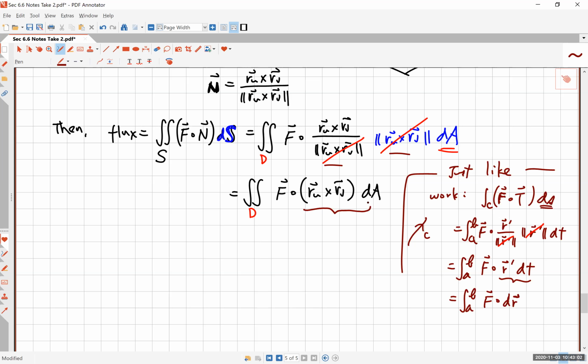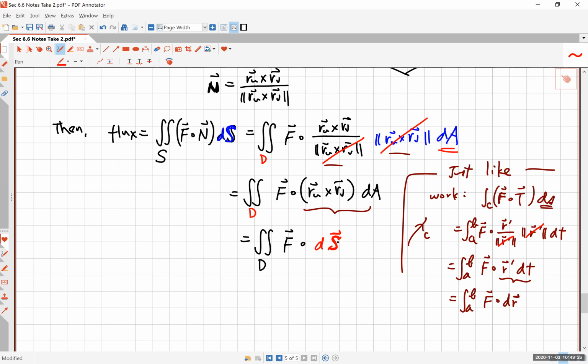So now we're going to give this a name, okay? Just like we did with the dr. So the flux integral is the double integral over the domain in the UV plane of F dot, okay, and this whole thing is going to be called ds with a bar, right?